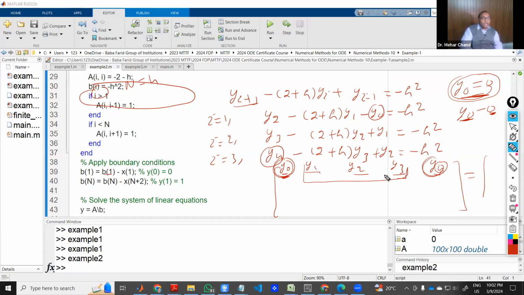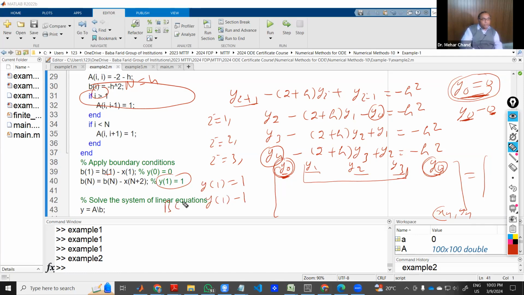When you include the boundary points, the value corresponding to x4 and y4 gives us this equation. Okay, y1 is equal to 1. You will write it as y1 minus 1, and suppose it is bn.